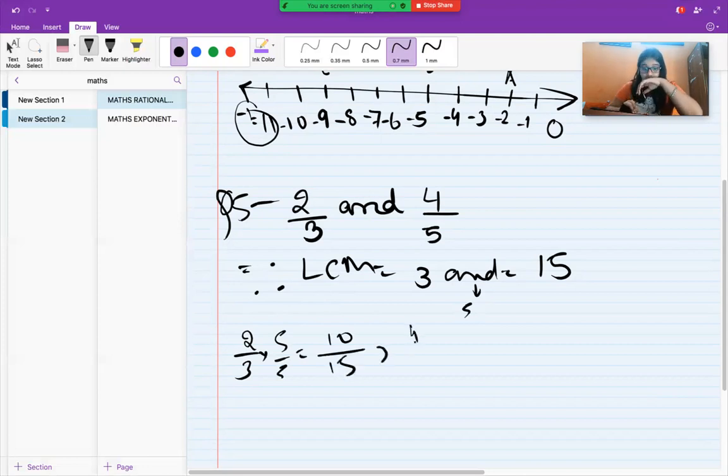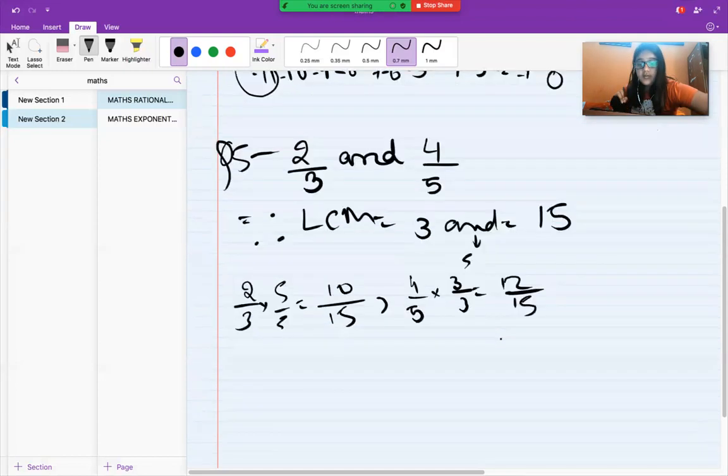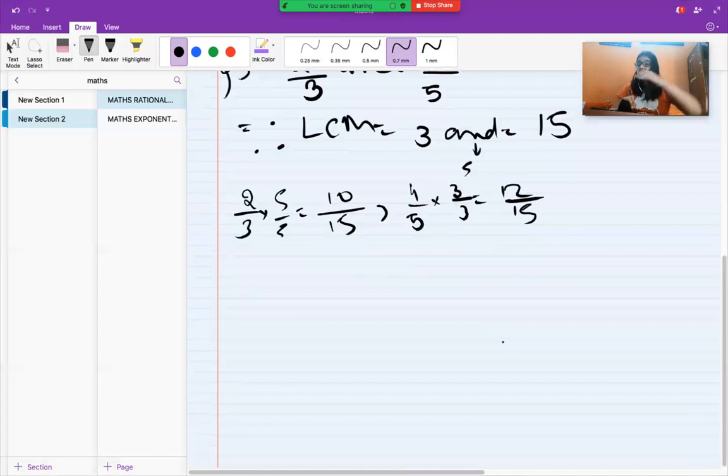Then 4 by 5 into 3 by 3 is equal to 12 by 15. I've done this now. Then 10 by 15 into 4 by 4 is 40 by 60, and 12 by 15 into 4 by 4 is 48 by 60.